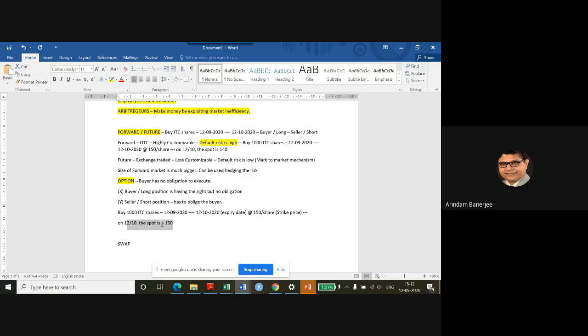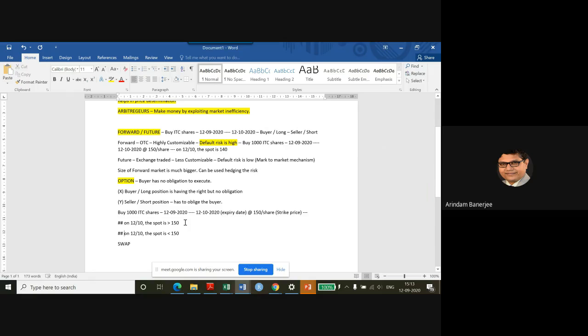And the second situation is, the spot is less than 150. So in this situation, these are the two scenarios possible.